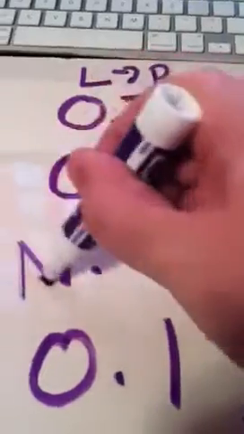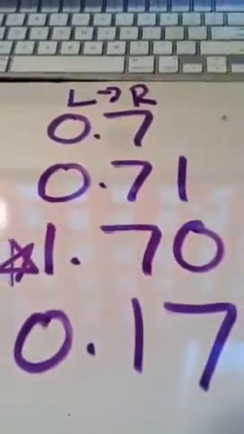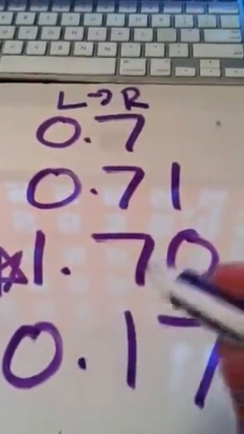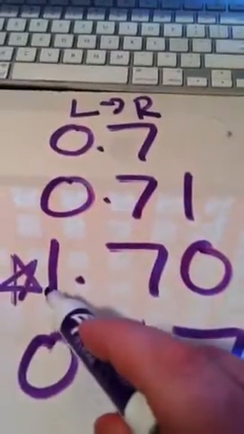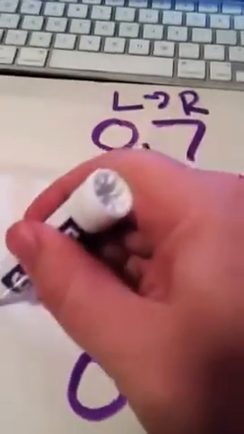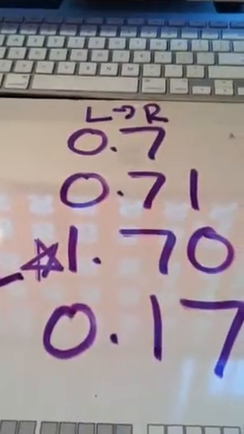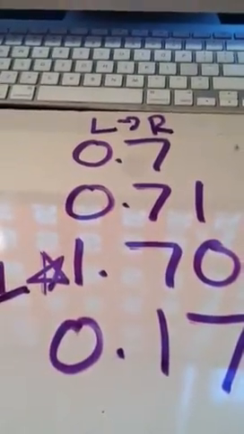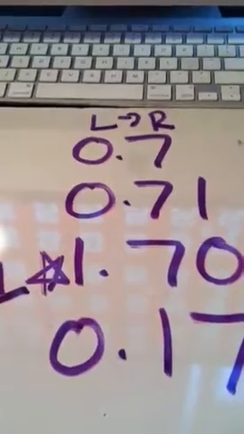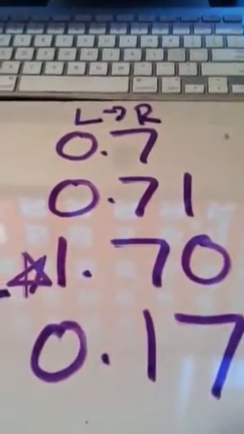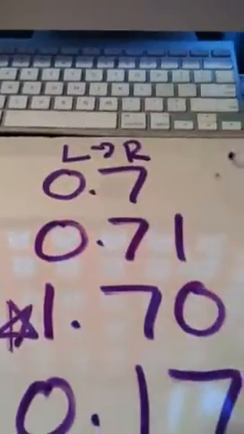But here you have 1 and 70 hundredths. So this 1 makes it the biggest number. If I were putting these in order, that would clearly be the biggest decimal on my board.